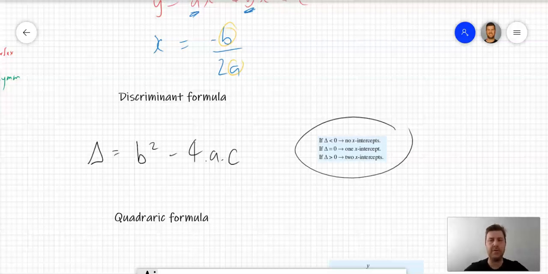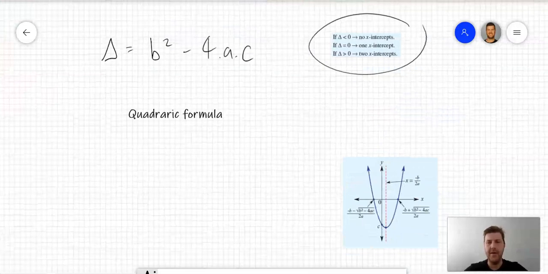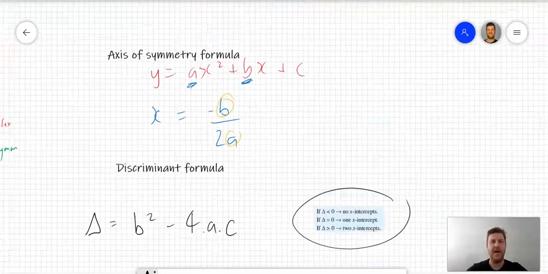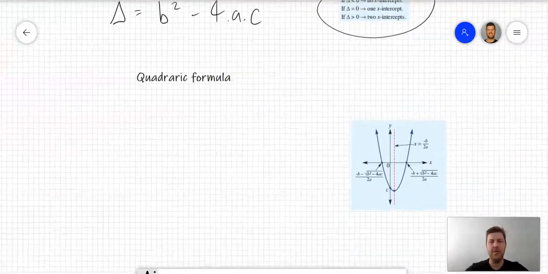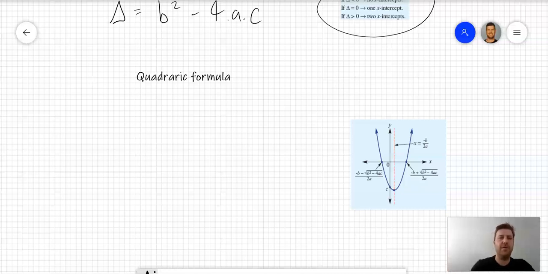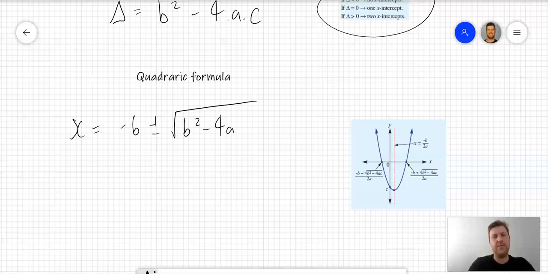Now, the other thing we've used is the quadratic formula. Again, you're just taking values from standard form and substituting them in. You remember the quadratic formula from when we were doing quadratics, hopefully, is x equals minus b plus or minus the square root of b squared take 4 times a times c, all over 2 times a.